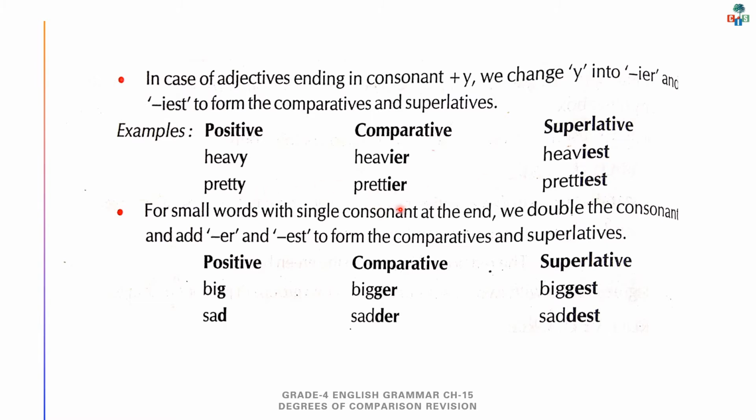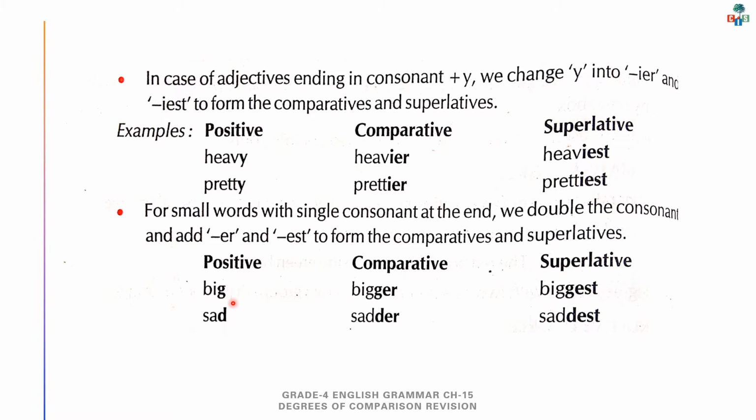Pretty, prettier, prettiest. And for small words, if it ends with a consonant, we double the consonant and add ER and EST to form the comparative and superlative degrees. For example, big.